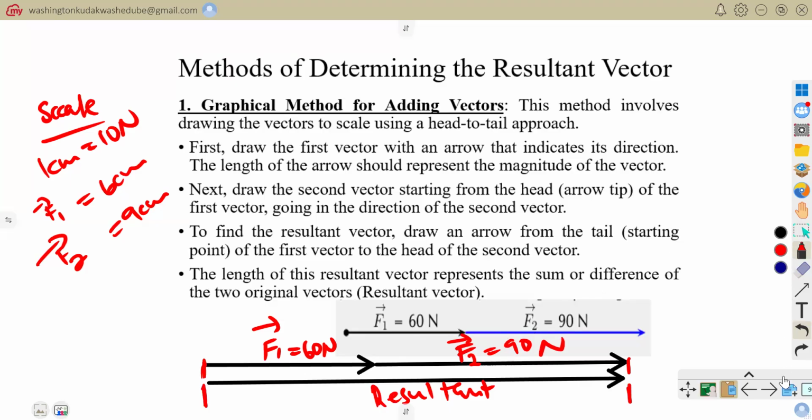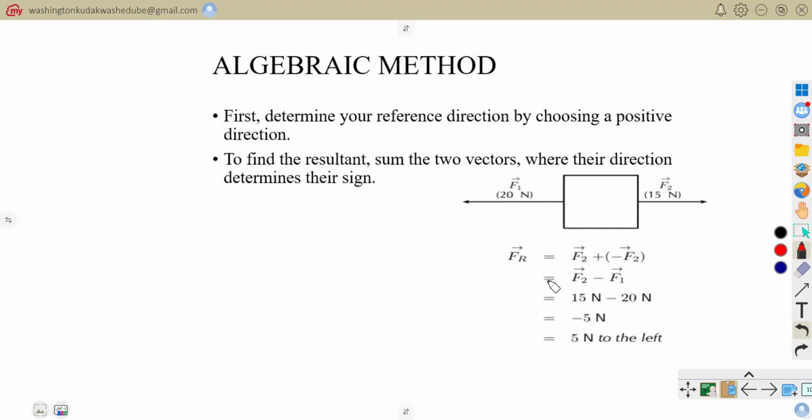So let's go to the next method. The next method will now be the algebraic method, or else by calculation. At some point, they will say use calculations to calculate your resultant. So when you are doing calculations, you need to first determine your reference direction.